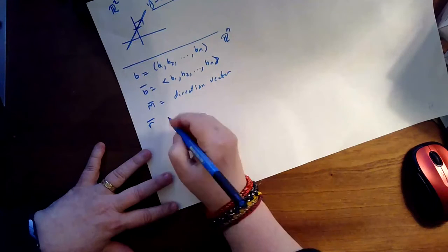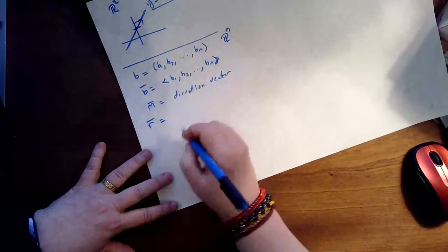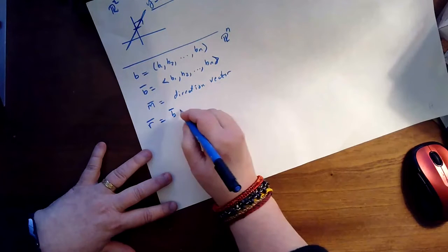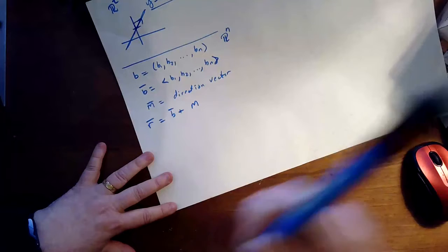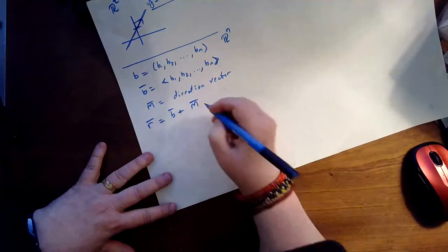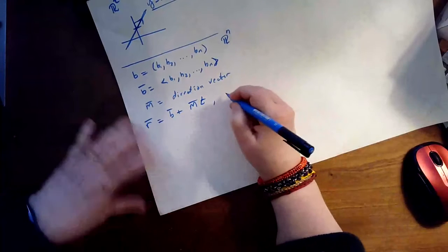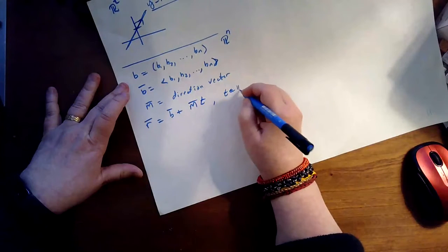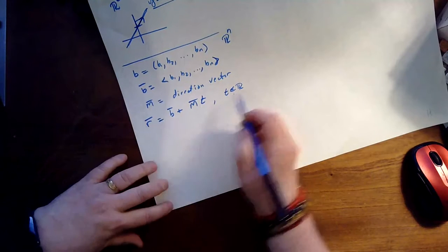I'm not really sure. So I need the point that I'm going through, so b bar, plus my slope, m. I need multiples of my line, so I'm going to multiply that by t. It's parametric. Who knew? Where t is any real number. T is an element of the reals.